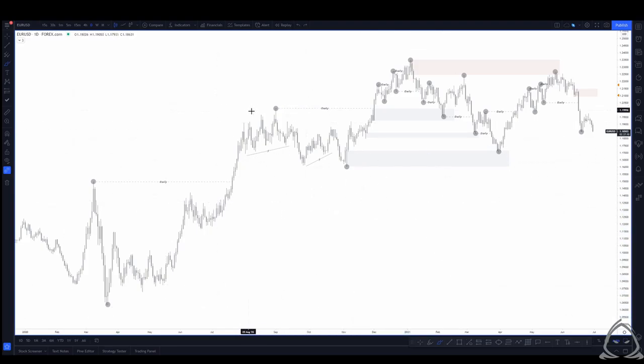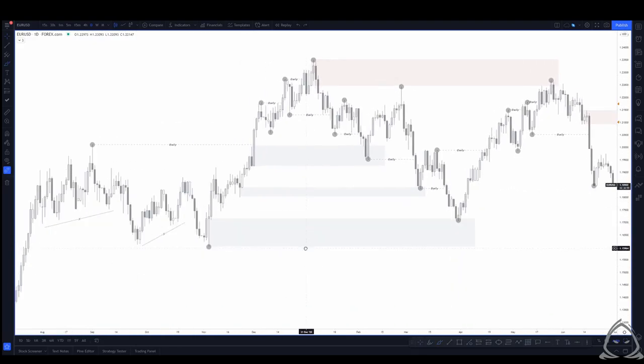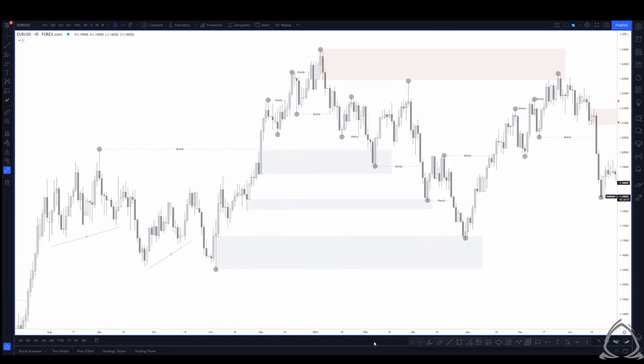What we can see is we create this high, price creates a complex pullback where we're creating substructure before we actually end up moving to the upside. We'll just zoom in a bit to get into more of this price action.